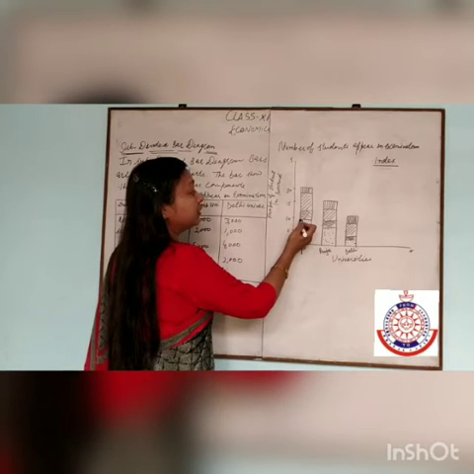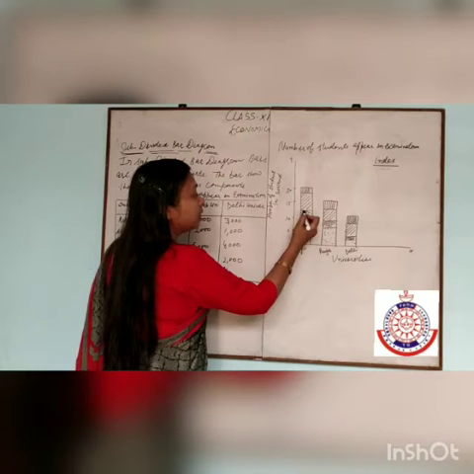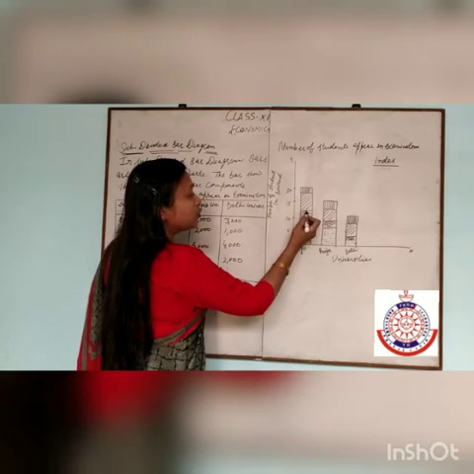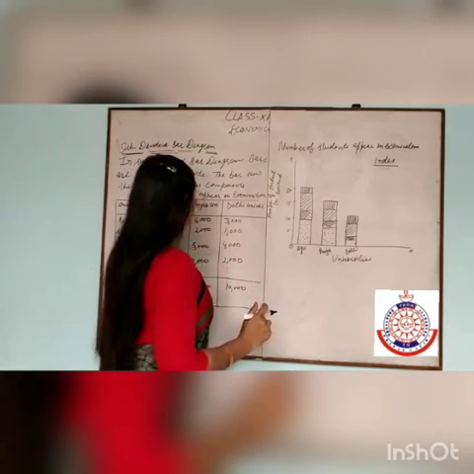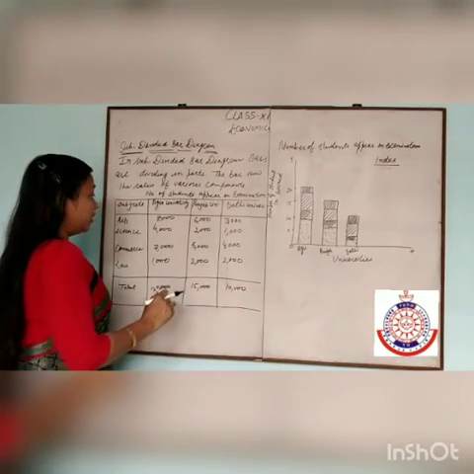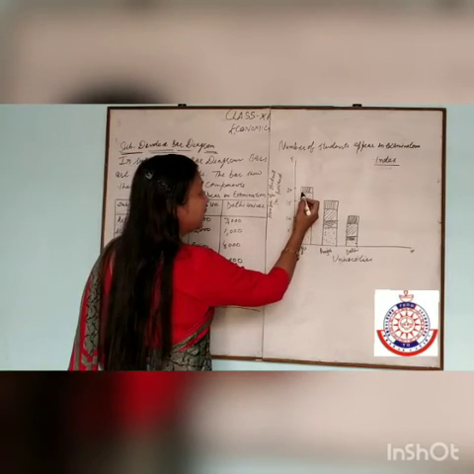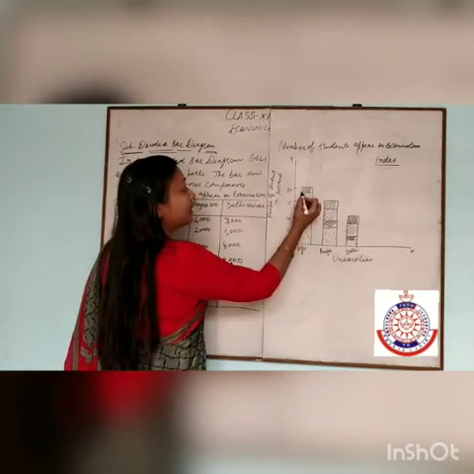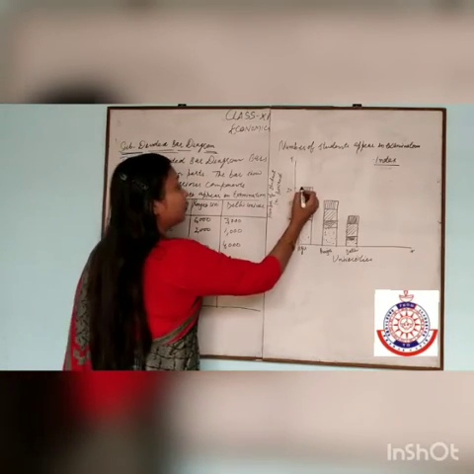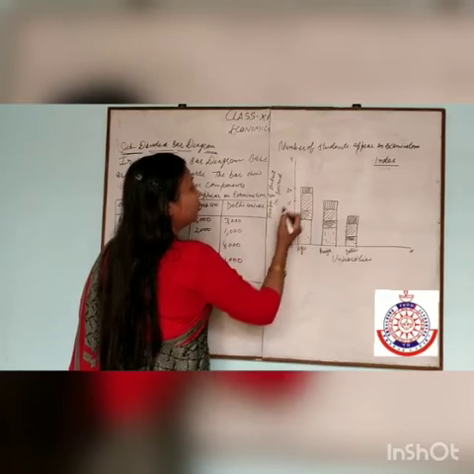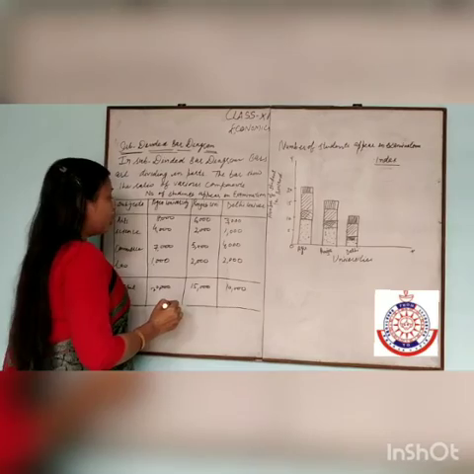It means 8,000 plus 4,000, that is equal to 12,000. You will divide the part up to 12,000. This part is considered as the science students. Again, 7,000: 12,000 plus 7,000, that is 19,000. You have to divide this bar up to 19,000 and then 1,000 more, up to 20,000. So this bar is divided into 4 parts.